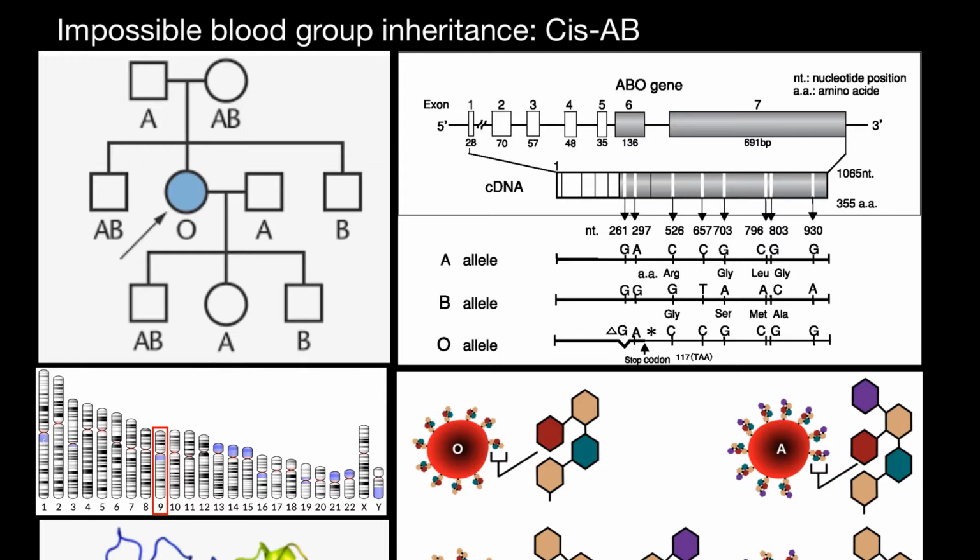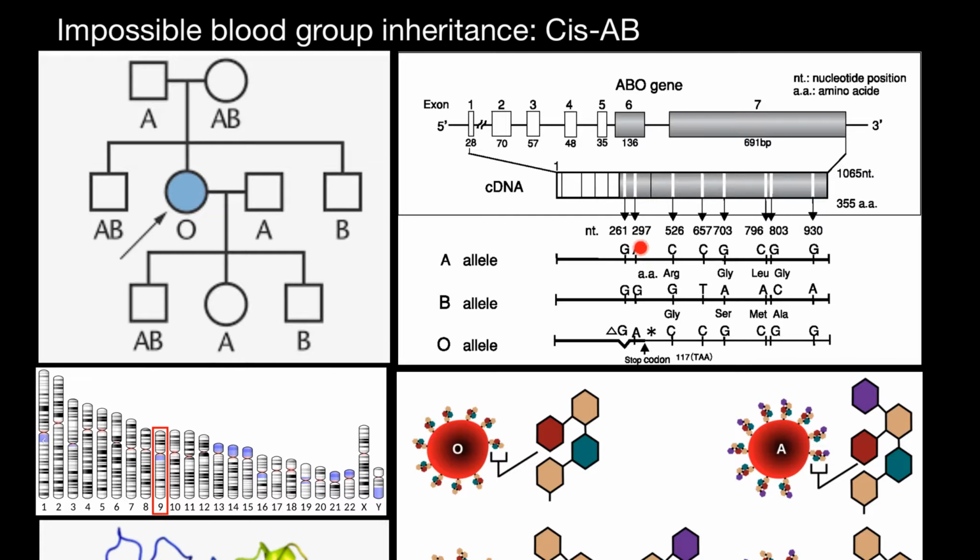And what's the difference between them? Just a few point mutations. For example, nucleotide 261 in allele A is guanine, in allele B also guanine.